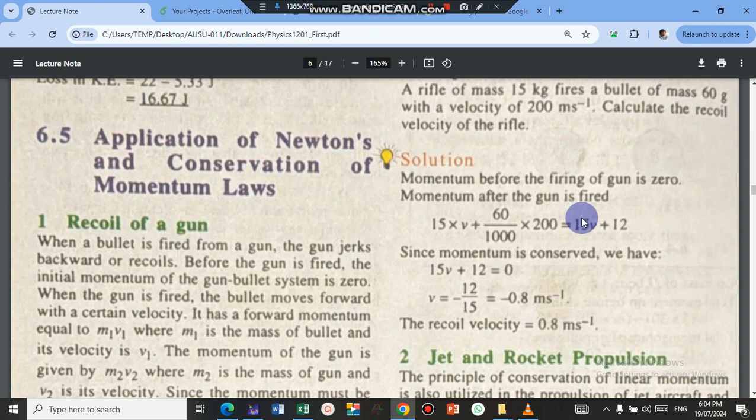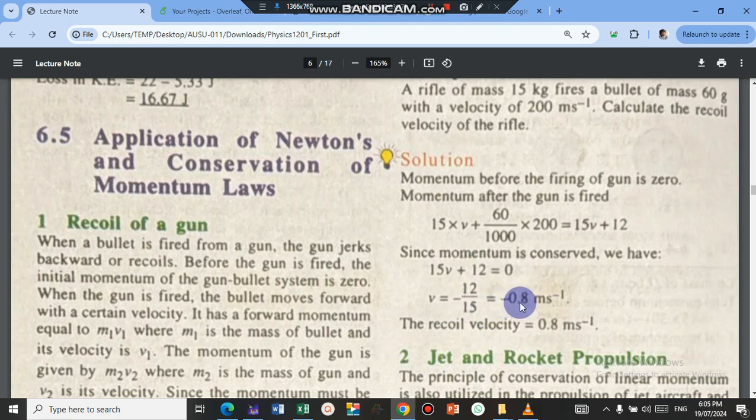Now the initial was 0, so according to the law of conservation of momentum, since momentum is conserved, we can say momentum after firing equals momentum before firing, which was 0. Now we take this and put it here, equals 0. From here, this is plus, we take it to the other side, it will be negative 12. Then you divide both sides by 15, it will be negative 12 divided by 15.